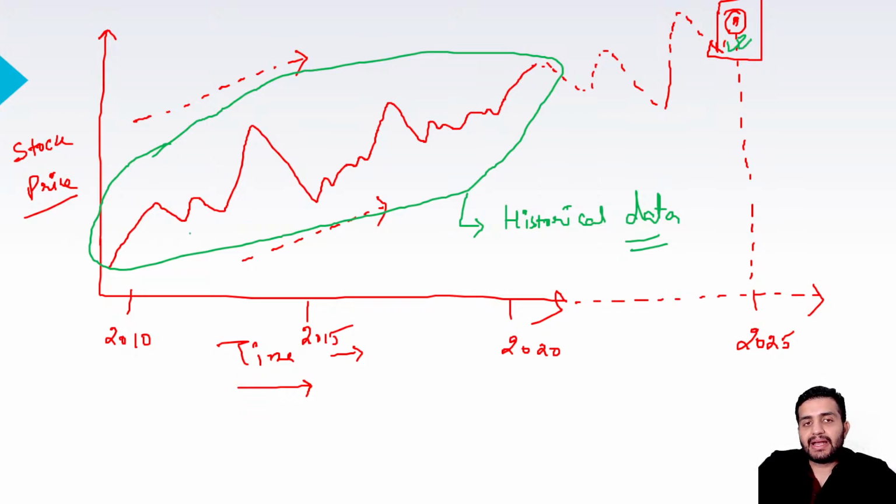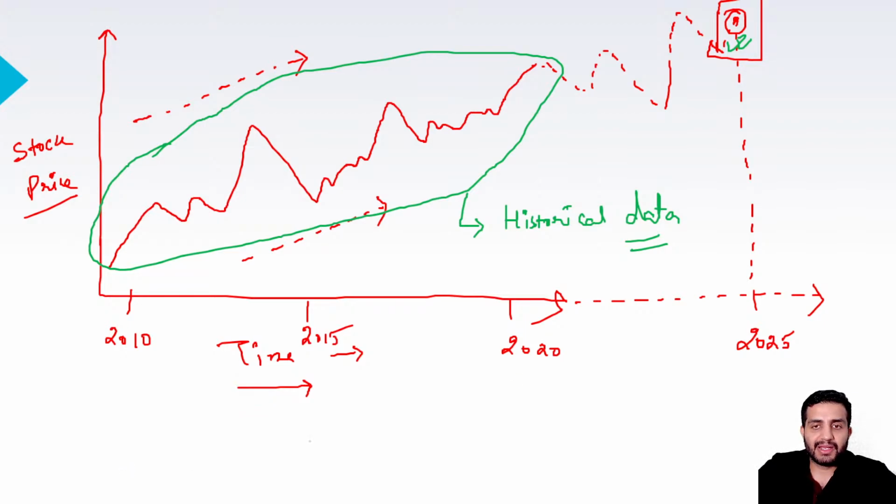But imagine I do not have any information whatsoever. In this scenario, I actually cannot say what will be my stock price of 2025 because I have not seen the history.